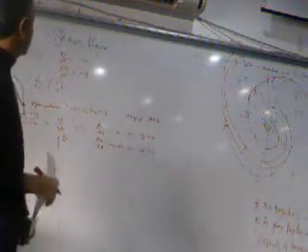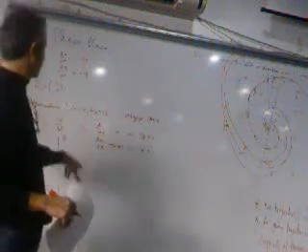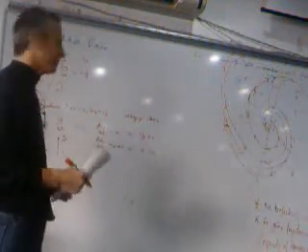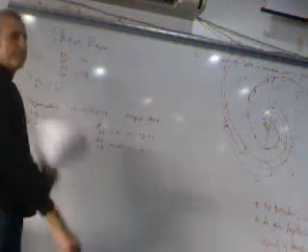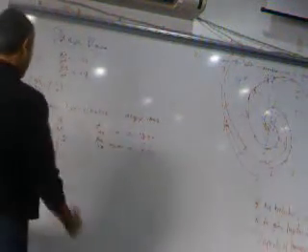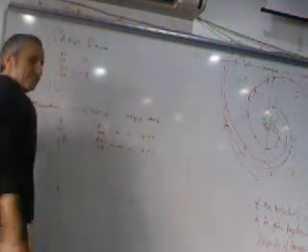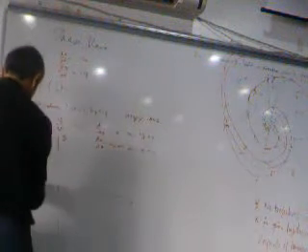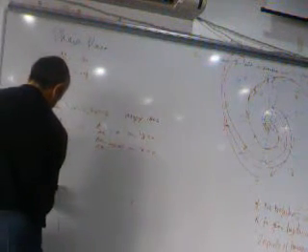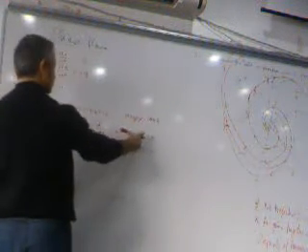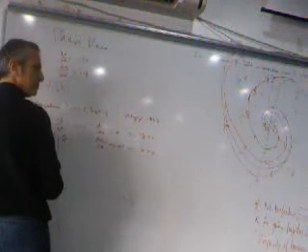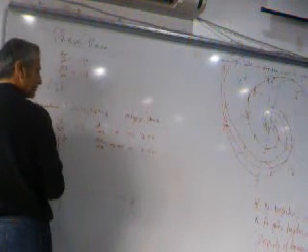What are the isoclines? Let's see, it's really easy. One of them is y equals 0, the other one is x equals 0, right? On y equals 0, the isoclines are what? 0.